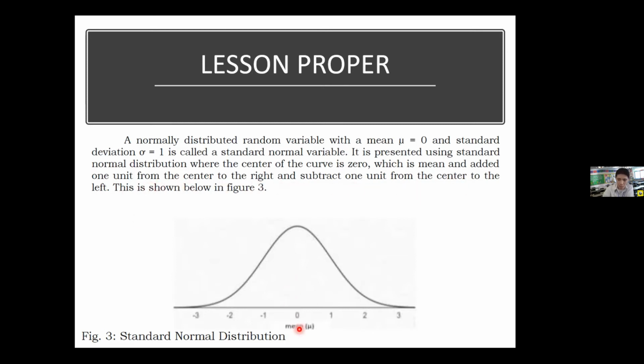So gikan diri 0, 1 unit padulong diri, meaning 1 standard deviation, 2 units, 3 units. So mao na ni karon ang standard normal distribution. Kung i-convert nimo ang mean nimo to standard normal distribution, mahimo siya 0. So later on mas ma-discuss na.